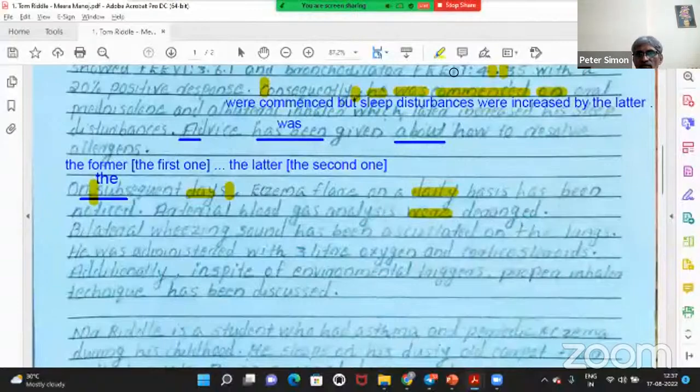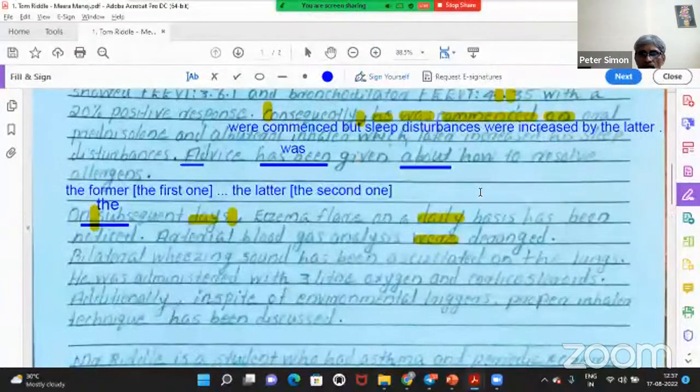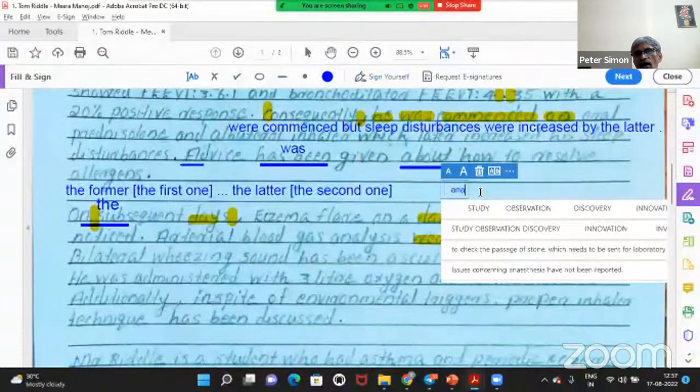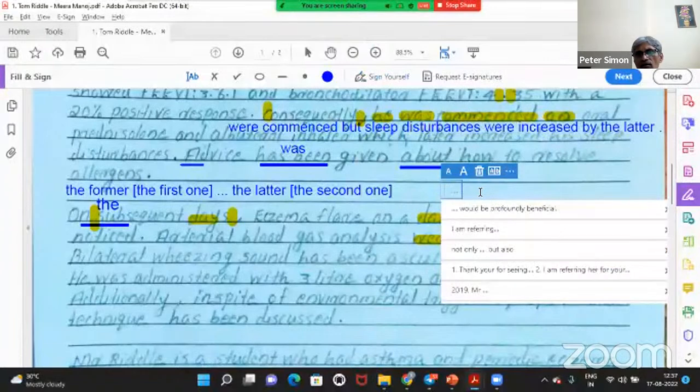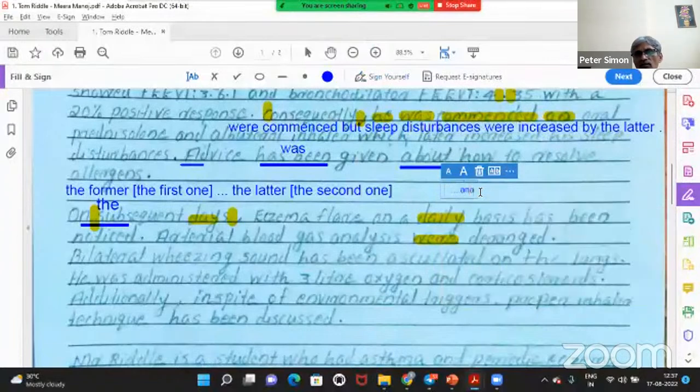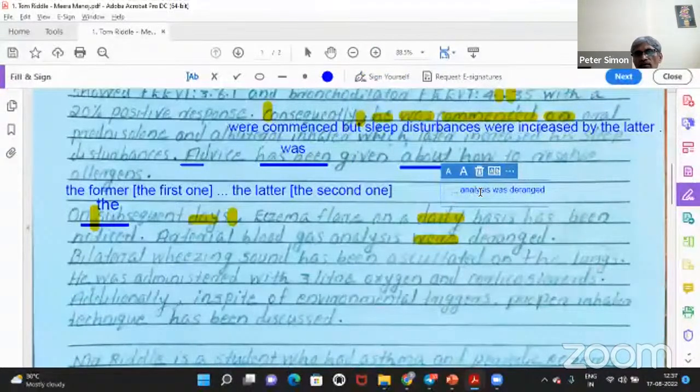So now let me give you this relation here. Analysis was deranged, or analyses were deranged. So this is what it is.